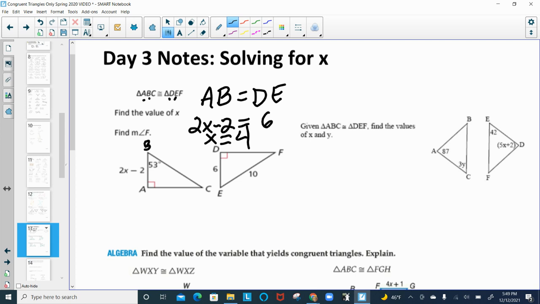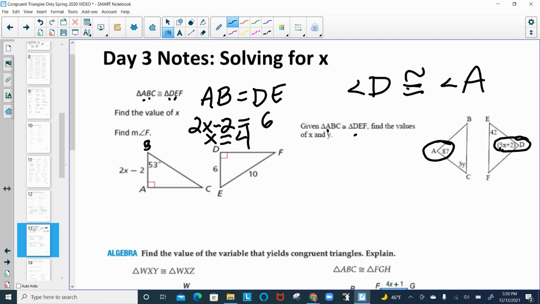So for example, if I want to think about angle D, I can see that angle D is 5x plus 2. Well, that's going to be helpful because angle D has the variable that I'm looking to solve for. So if I look at the congruent statement, angle D is congruent to angle A, and I know angle A.